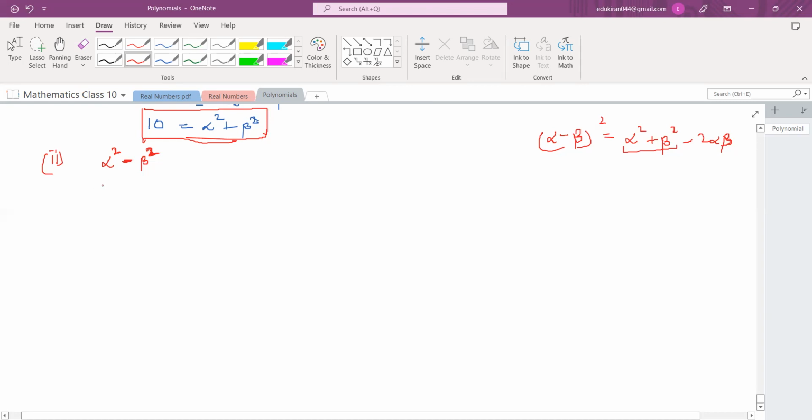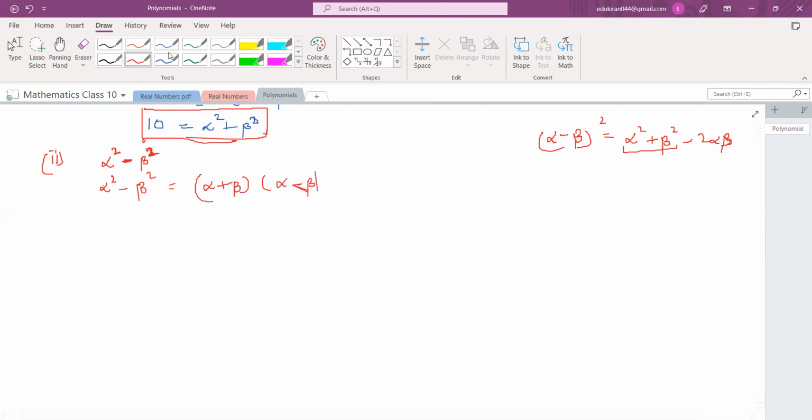So she's saying that I can write alpha square minus beta square as alpha plus beta into alpha minus beta, right? I have the value of alpha plus beta, but I don't have the value of alpha minus beta. So first I need to find the value of alpha minus beta and then put it here.